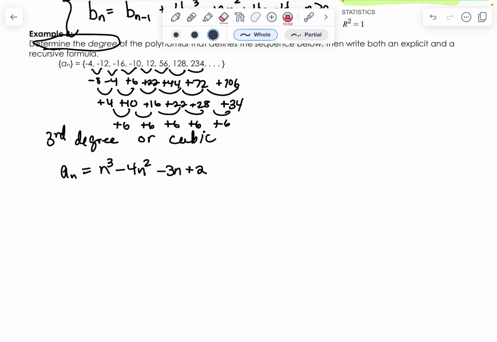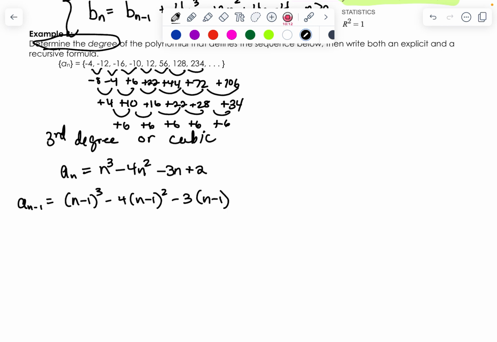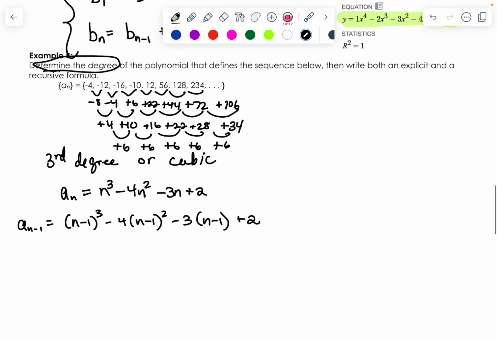I think I'm going to do it over here because that'll give me a little more space. So that's n minus 1 cubed minus 4 times n minus 1 squared minus 3 times n minus 1 plus 2. So again, I'm going to use 1, 3, 3, 1 to help me with the cubic.